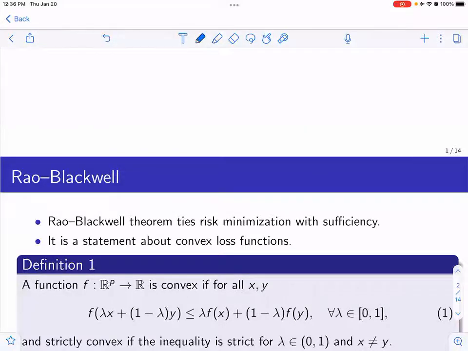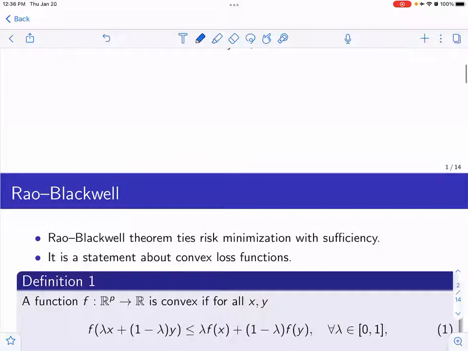For a convex set, if you take two elements of the set and you add them together with a weight that's in 0, 1, and 1 minus that weight, then you get another element of the convex set. Okay, so if I take two elements and I form this, this would be an element in the line segment that connects them.